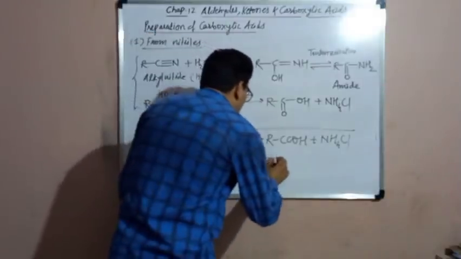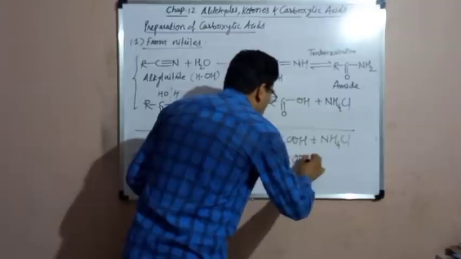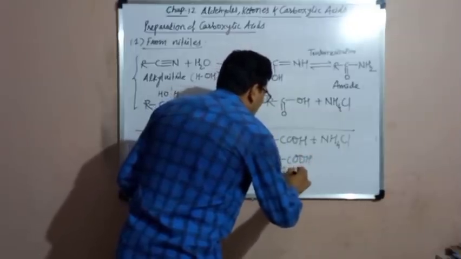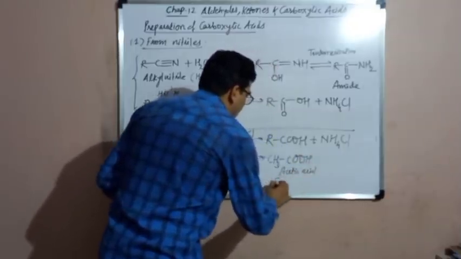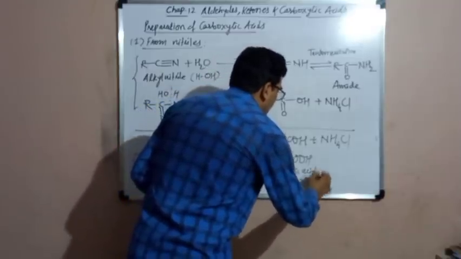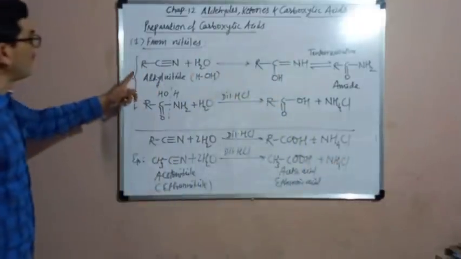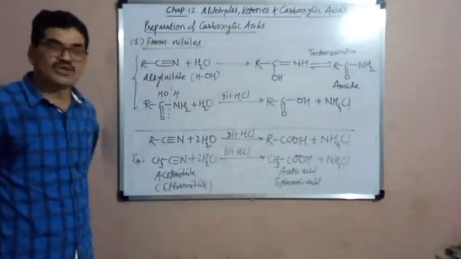So here there is a formation of CH3COOH, that is the acetic acid. IUPAC name is ethanoic acid, plus NH4Cl. So in this way, from the nitriles we can obtain the carboxylic acid.